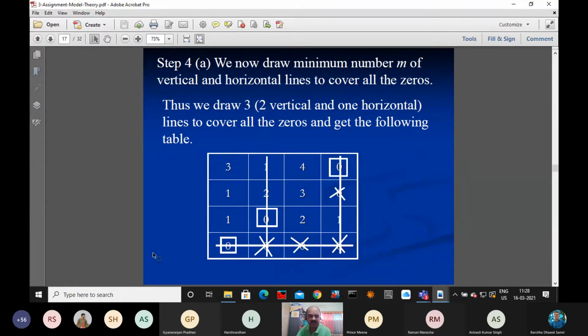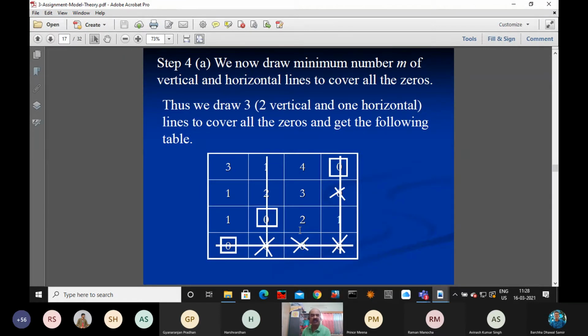The uncovered elements are 3, 1, 1 in the first column, and in the third column 4, 3, 2. Among all these 6 elements, what is the minimum value? The minimum value is 1. So what should we do? We will subtract this 1 from the uncovered elements.